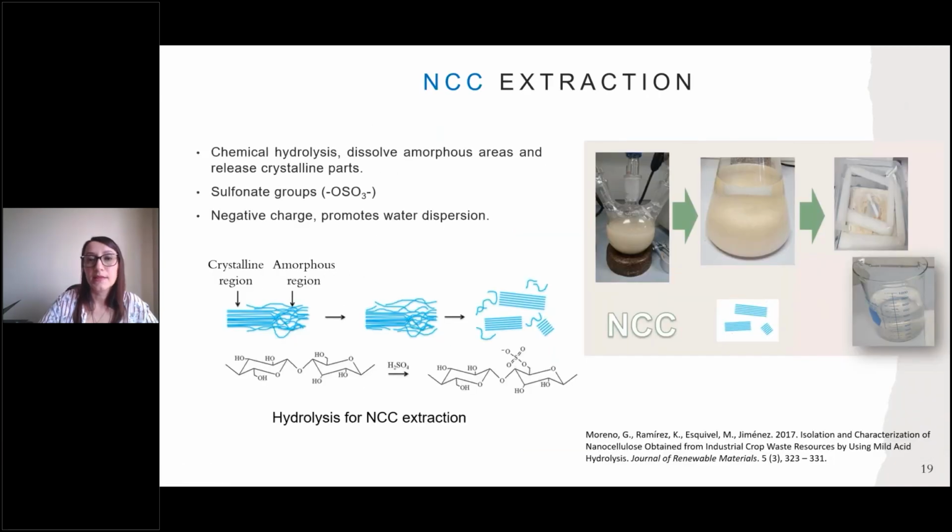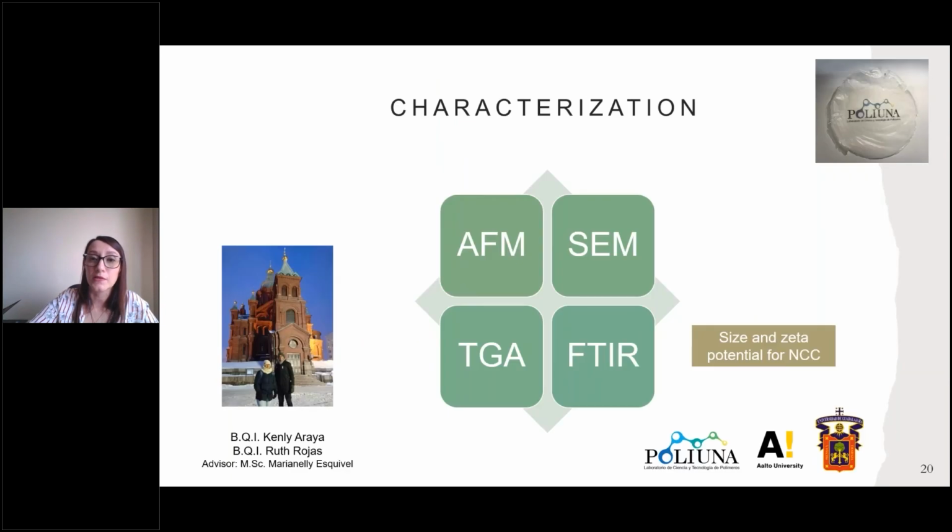And for the NCC, as I said before, the hydrolysis is an extensive hydrolysis. So you get this suspension after dialysis, where you keep the crystalline parts. And as the process is made by sulfuric acid hydrolysis, you get these sulfonate groups on the surface that improve the water dispersion and give a negative charge on the surface of the fibers.